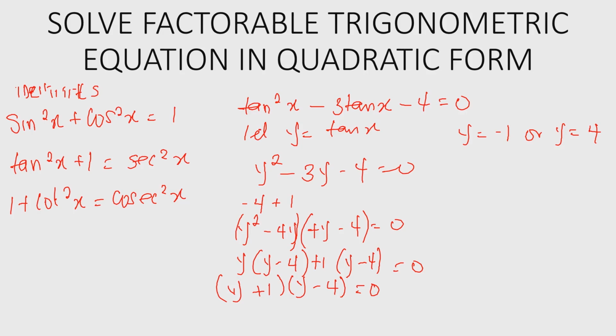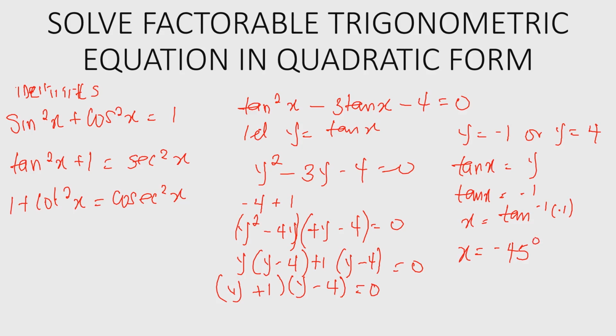At this point, you remember that you said tan x is equal to y, isn't it? So for the first y, tan x will be equal to minus 1, then x will be equal to tan inverse of minus 1. Tan inverse of minus 1 is minus 45. We have that x is equal to minus 45 degrees. Okay, so that's it.